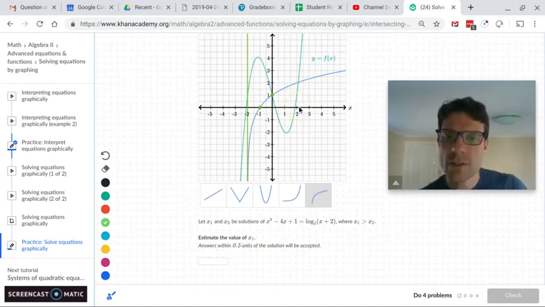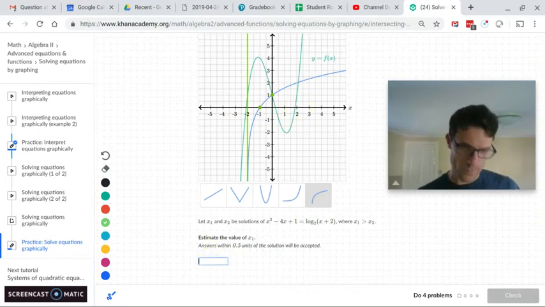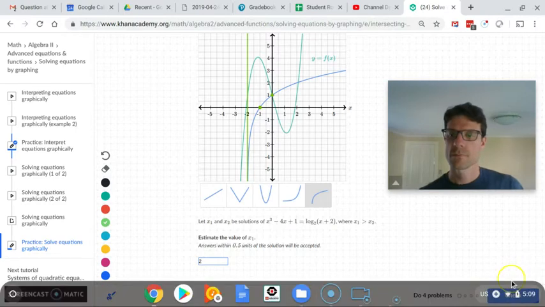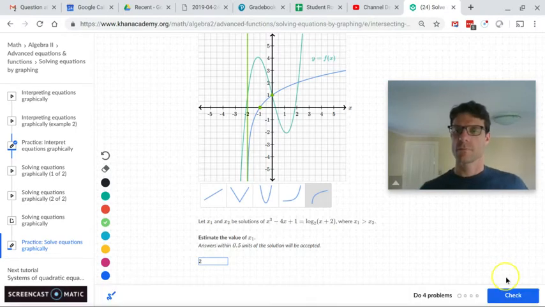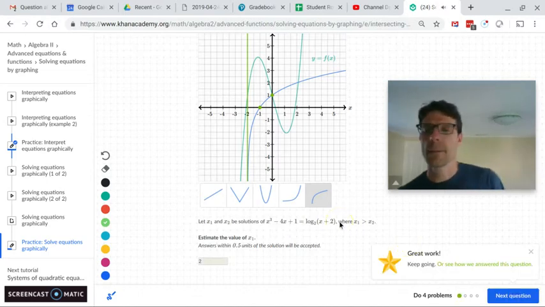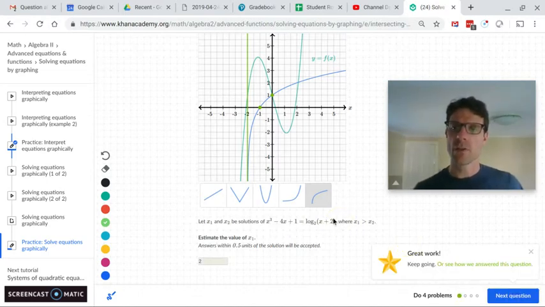And it looks like about 2 something. So within 0.5 units, I'm going to say 2. Okay, so I hope that makes some sense. I'll do a couple other examples so you can see other permutations of the same kind of question.